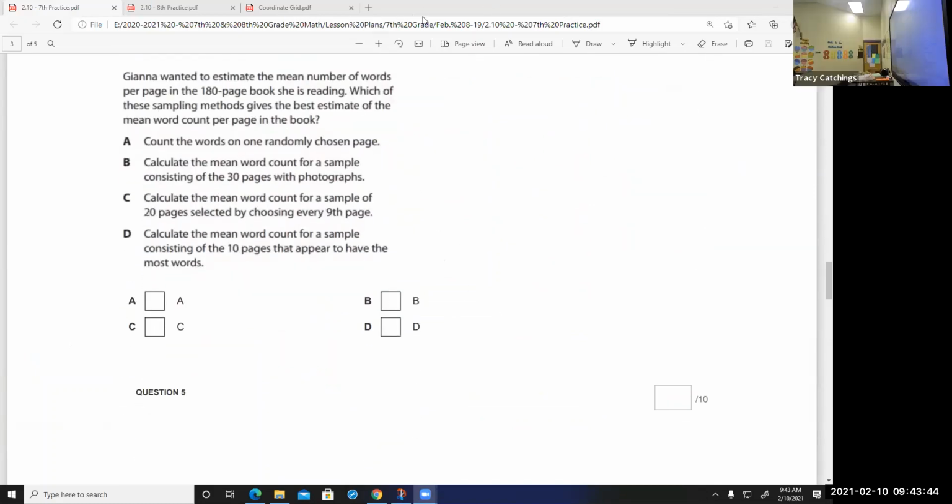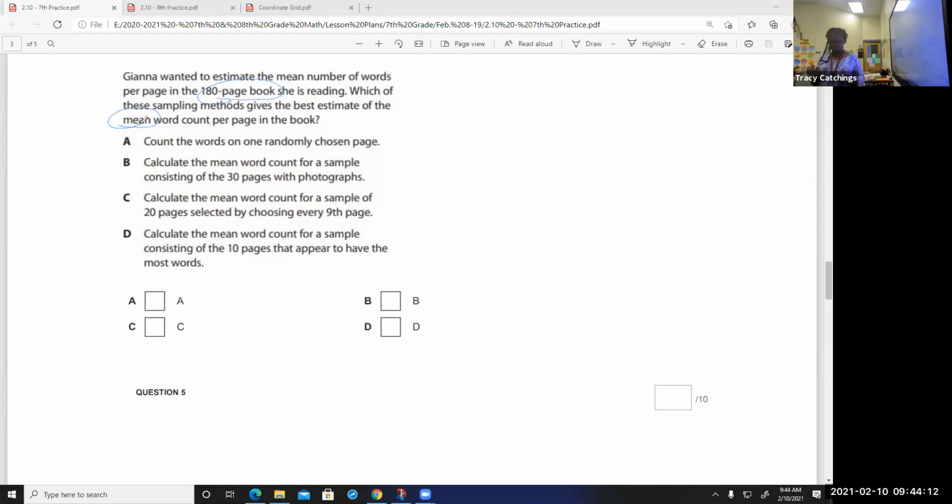All right, somebody read number 4 to us. Gianna wanted to estimate the mean number of words per page in the 180-page book she is reading. Which of these sampling methods give the best estimate of the mean word count per page in the book? So they told us she has a 180-page book, and she's trying to find the mean.